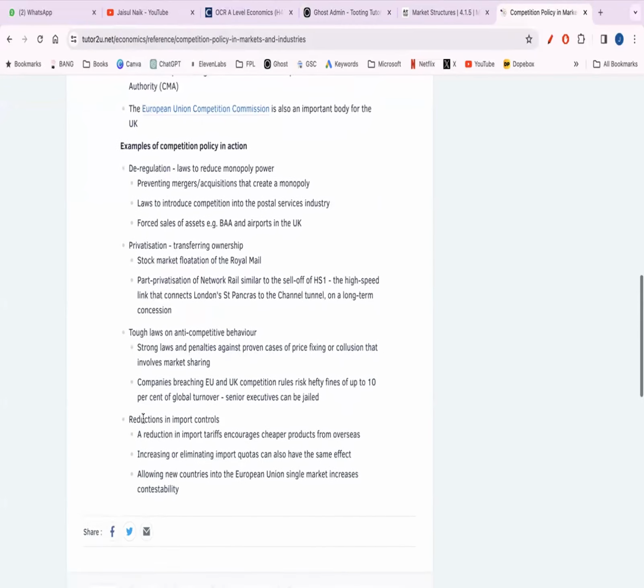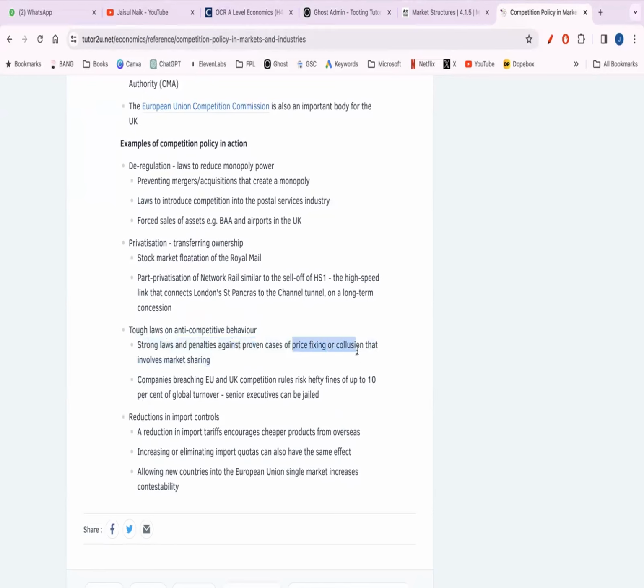Basically strong laws and penalties, so that if you find someone price fixing or colluding secretly, there should be big penalties for that. That's the main thing. We don't want too many mergers, too many firms dominating the market unless there's a reason for it.